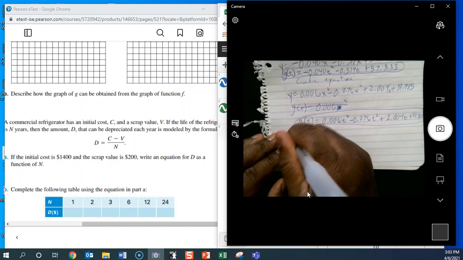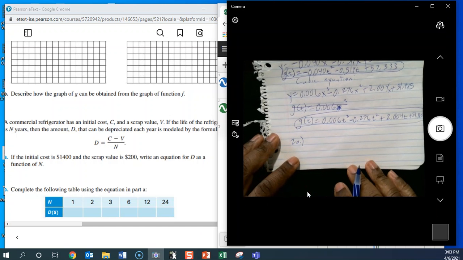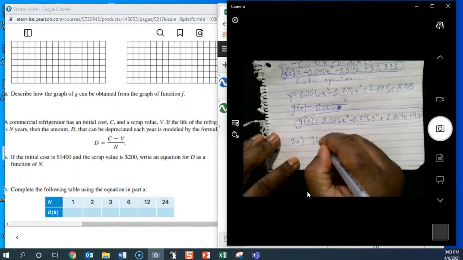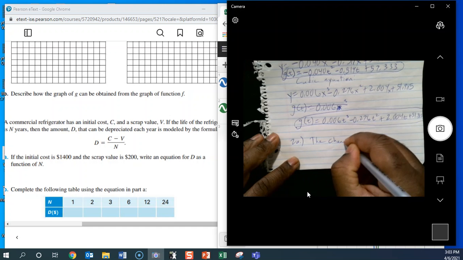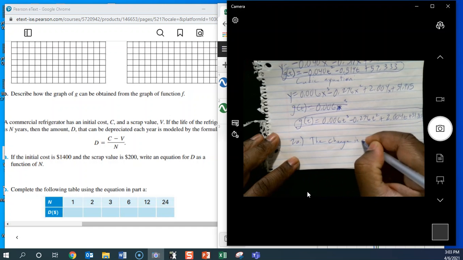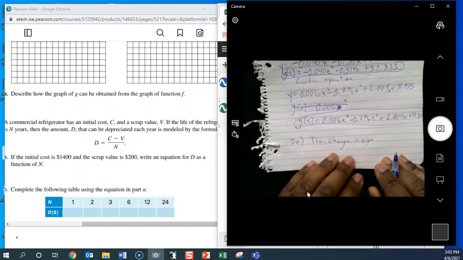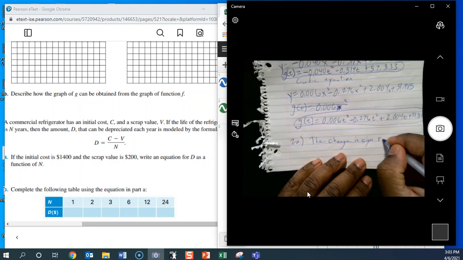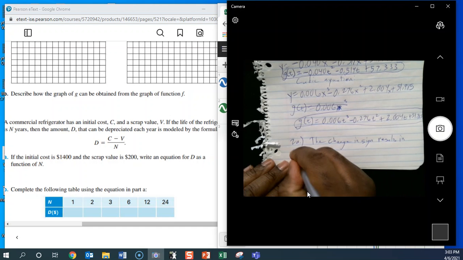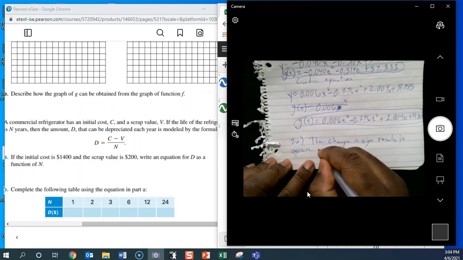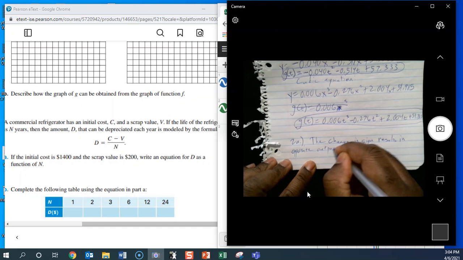So this actually would be 2A. And then we could say the change in sign results in opposite output values.